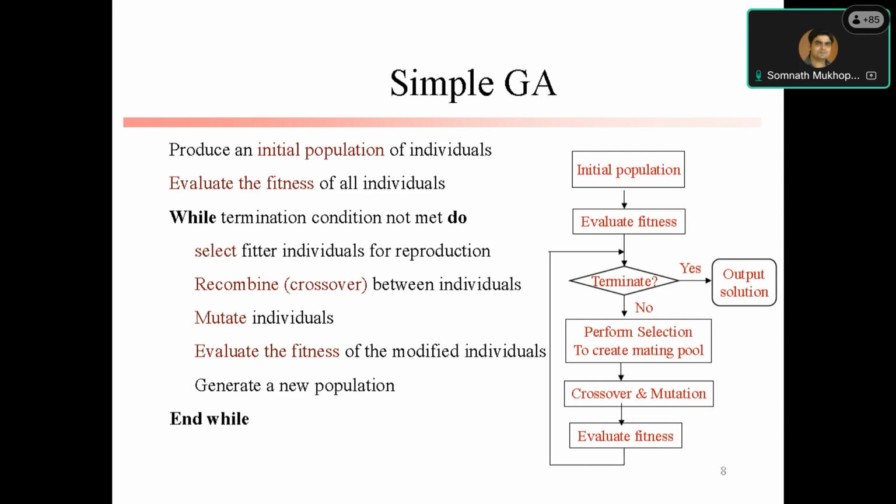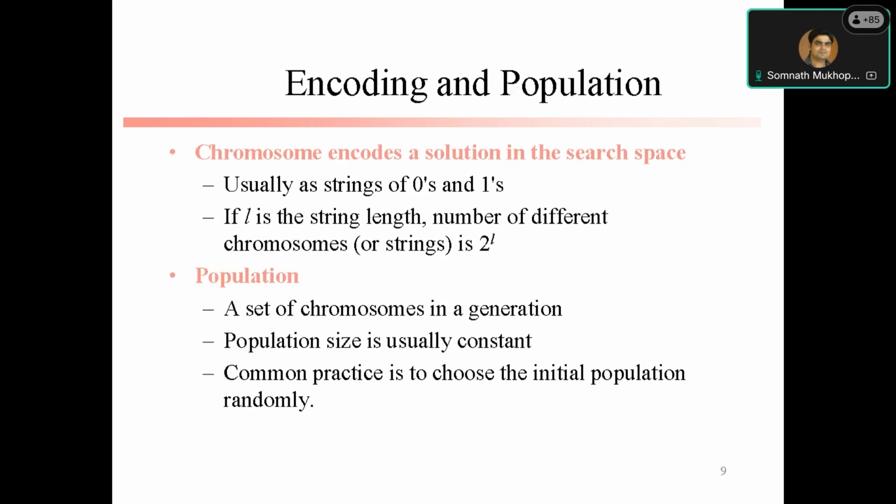From the mating pool, we perform the crossover operation and the mutation operation, and again we evaluate the fitness, and this way the cycle repeats to generate new and better solutions. Whenever we find that the solution we have got so far is satisfactory, we terminate the process. This is the overall genetic algorithm used to find the solution.